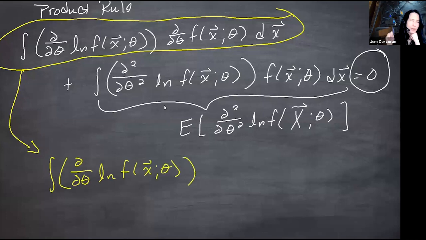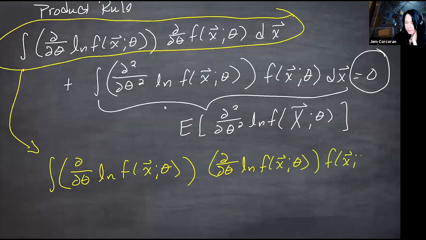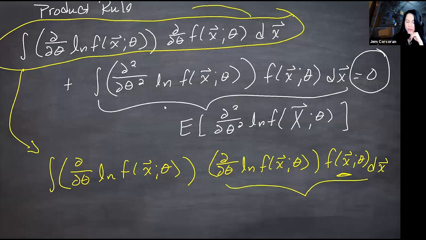And then I'm going to write the derivative of f as the derivative of the log of f times f. Because think about it, the derivative of that log is the derivative of f over f. So the f in the denominator will cancel with this extra f that I put in there. And really this product is just the derivative of f.